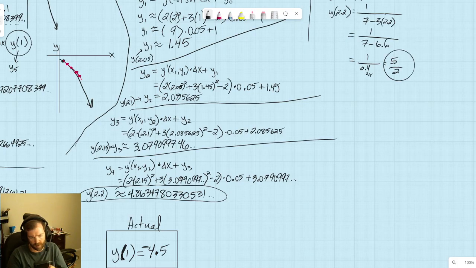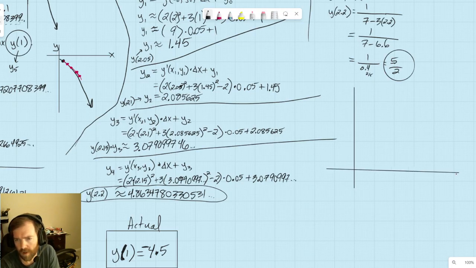Graph window. Okay, yeah. So basically what we've got is a value that goes 1, 2, 3, 4.